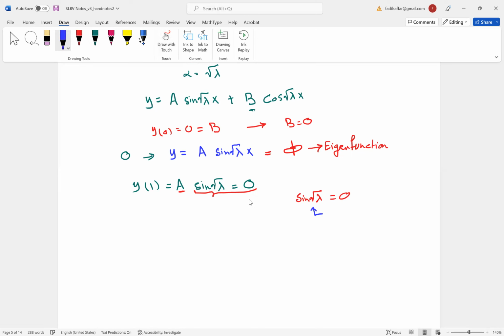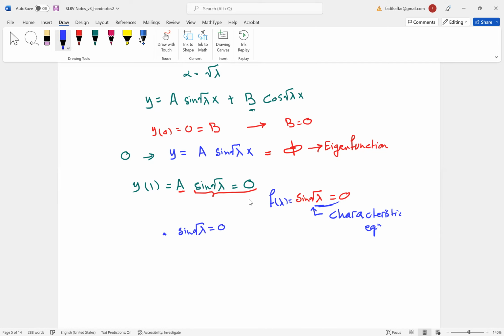And this part is what we usually call the characteristic equation. And this part is what allows you to find the values of lambda, because if we take it aside here, that's sine square root of lambda equal to 0.